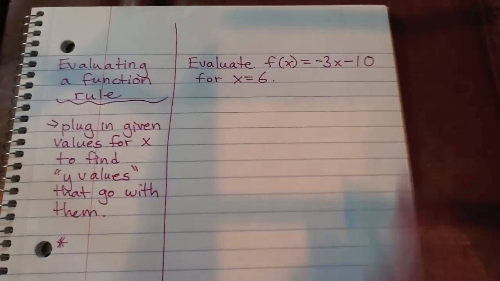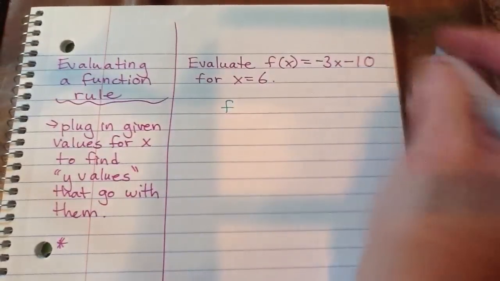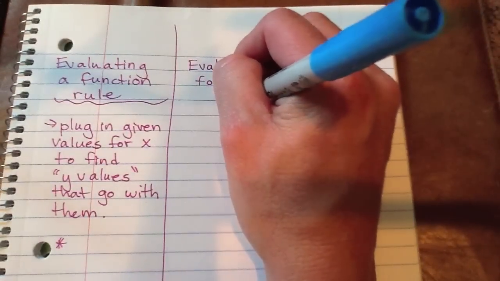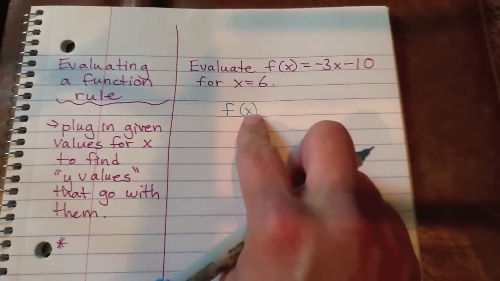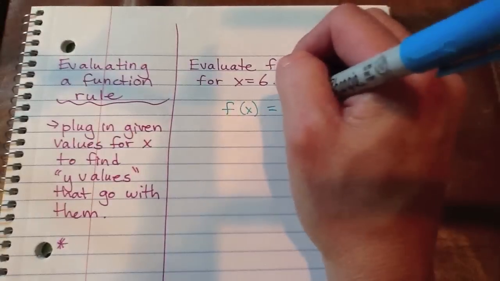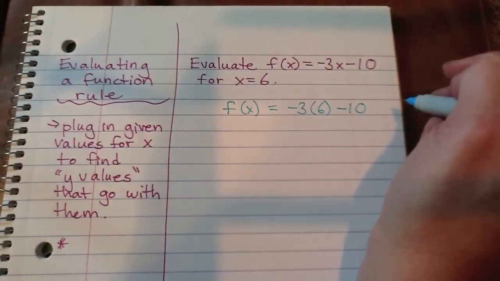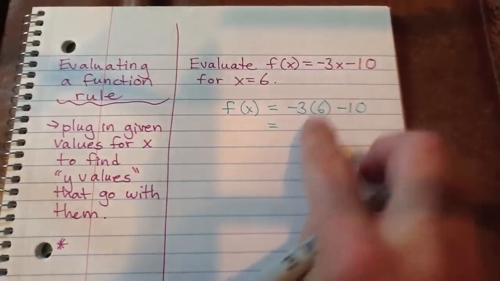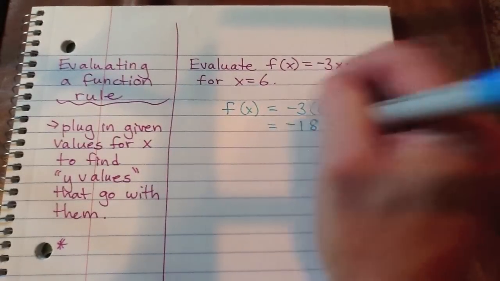So you should have plugged in 6 for x over here. So you could really write it as f of x, or you could write it as f of 6 equals negative 3 times 6 minus 10. Negative 3 times 6 is a negative 18 minus 10.